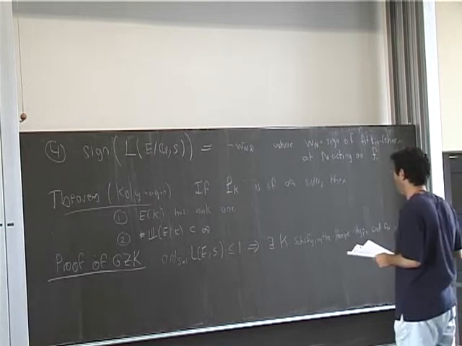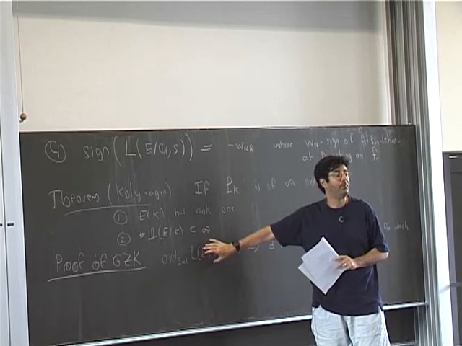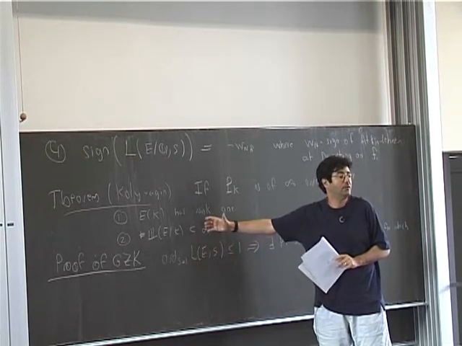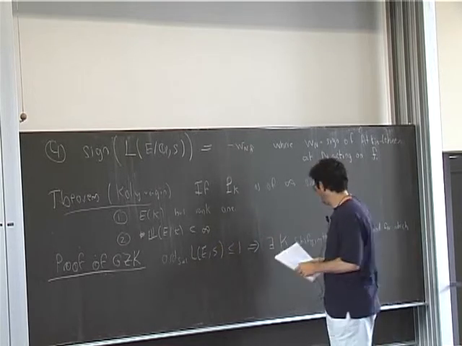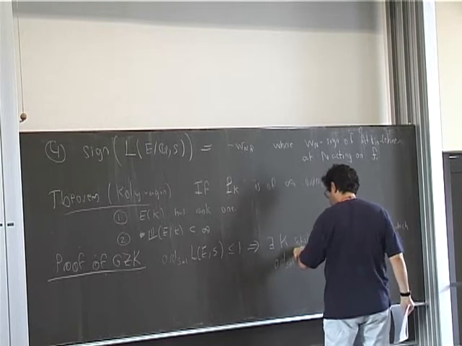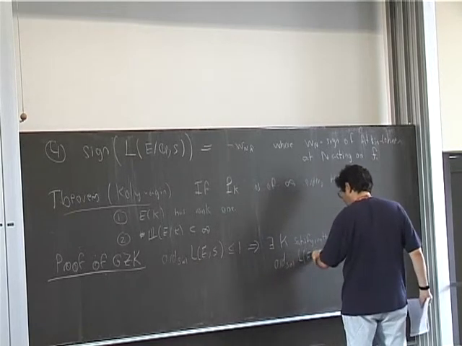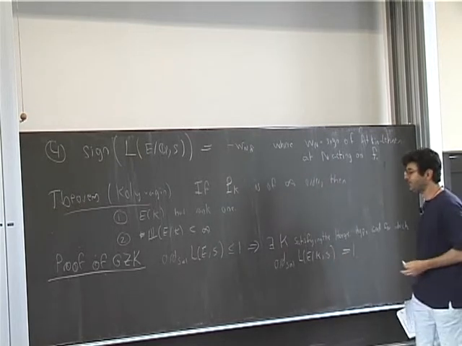So I can try to find a K for which the order of vanishing is as small as possible. And the smallest odd integer, which is greater or equal to 1, is 1, right? So there exists a K for which the order of vanishing at s equals 1 of the L series of E over K is actually equal to 1. So this is a theorem.